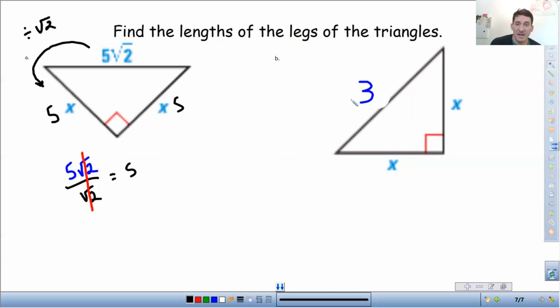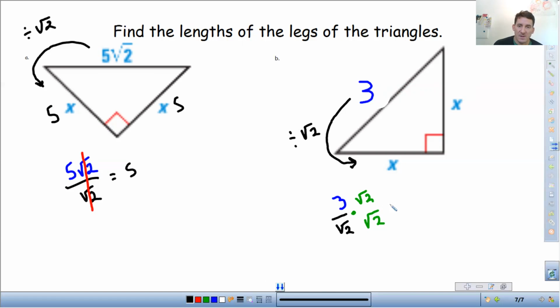Here, again, I'm going to take this and divide it by the square root of 2. So 3 divided by the square root of 2. We can't leave it like this. We need to rationalize the denominator like we did in the last unit. So I'm going to multiply top and bottom by the square root of 2.